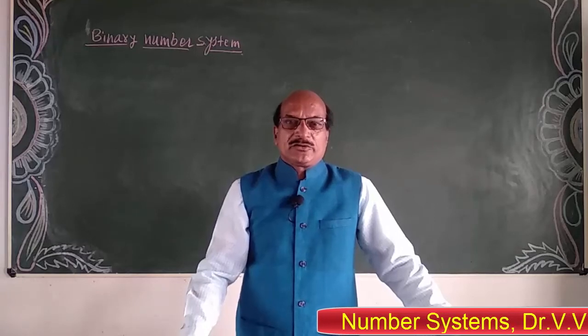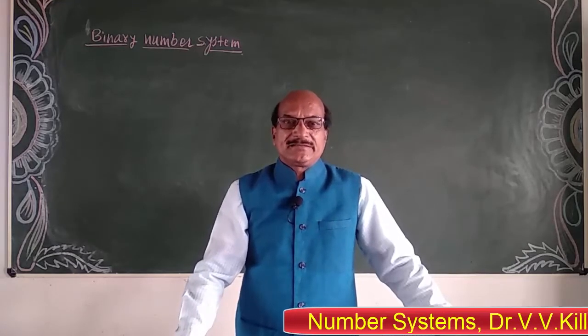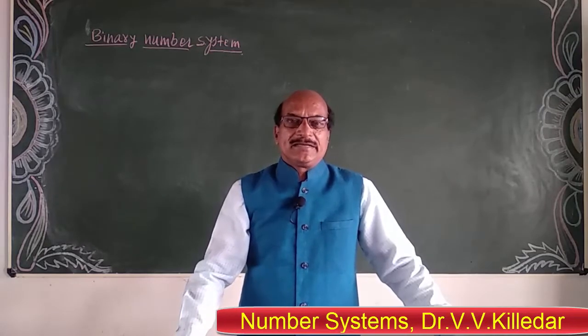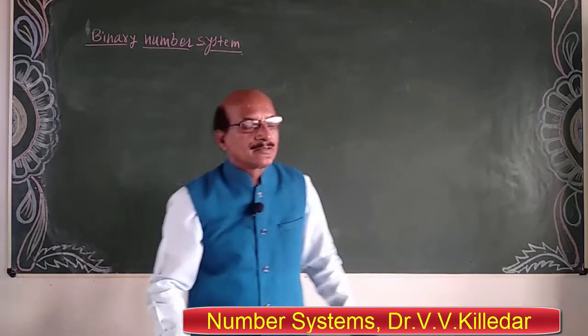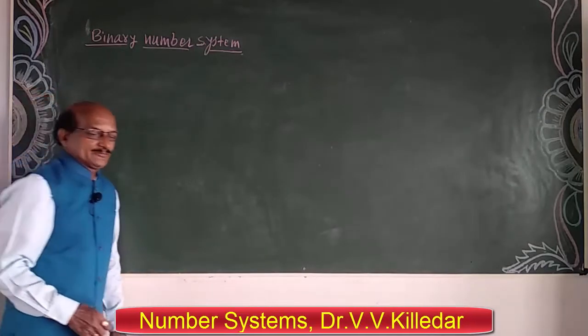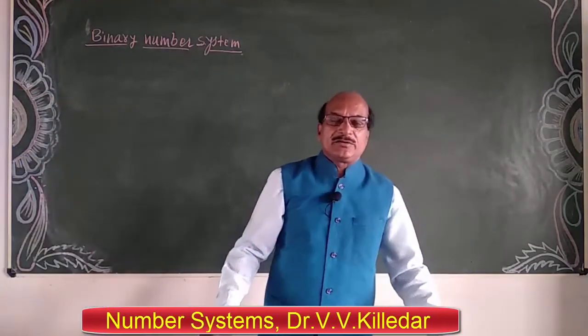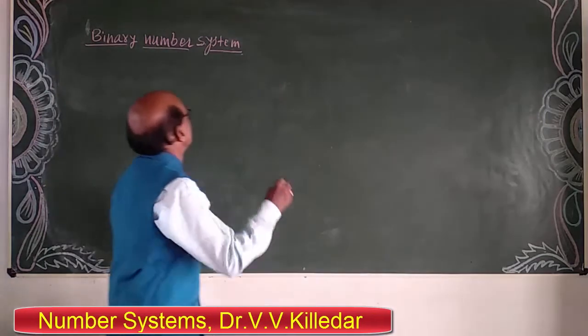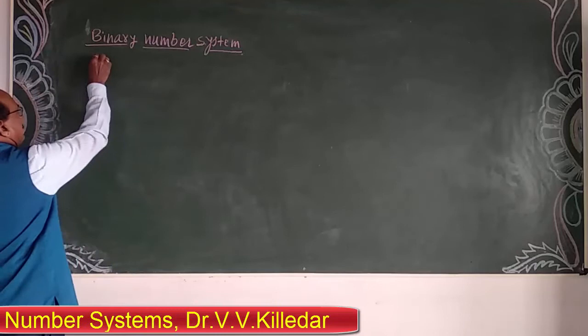Friends, today we are going to study some basic concepts related with binary number system. Now, there are different number systems used in our day-to-day life. These number systems are decimal number system.